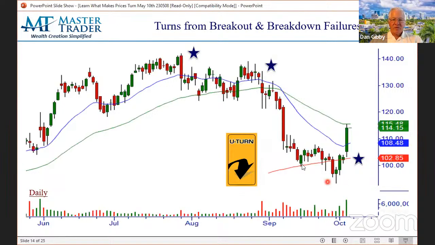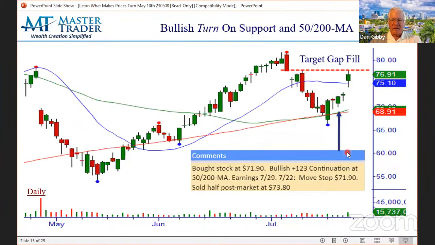So this example: ugly, ugly downtrend, snapped right back. Not until I have a closing breakout does that interest me. But now it's extended. We have some better examples. Same but different. We've talked about this picture before.